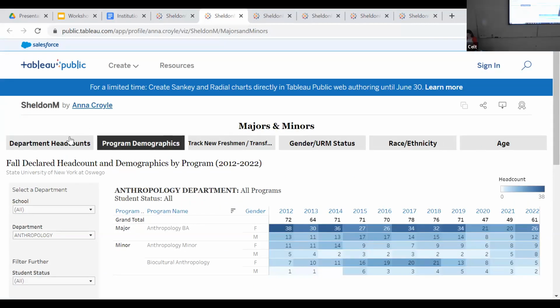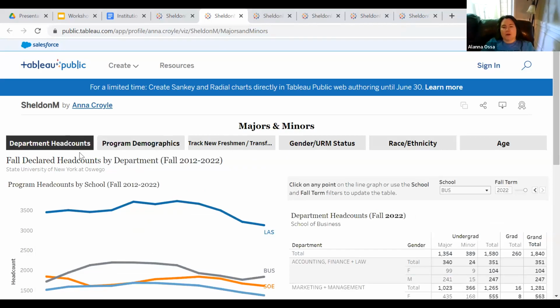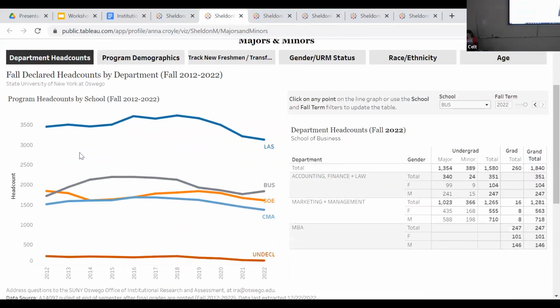Oh, no, those are students, right? Yes, head counts. I got you. So we can actually trace the trends over time, just like this trend line. Yeah, so many acronyms. It's hard to keep them consistent.